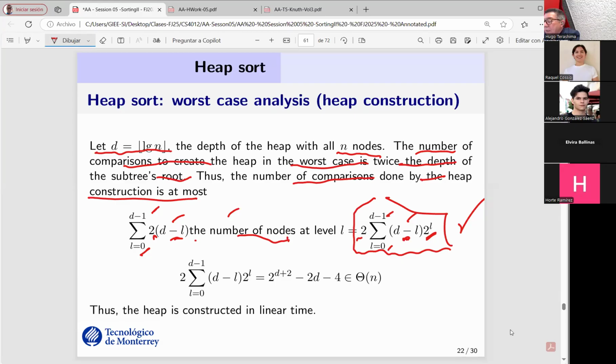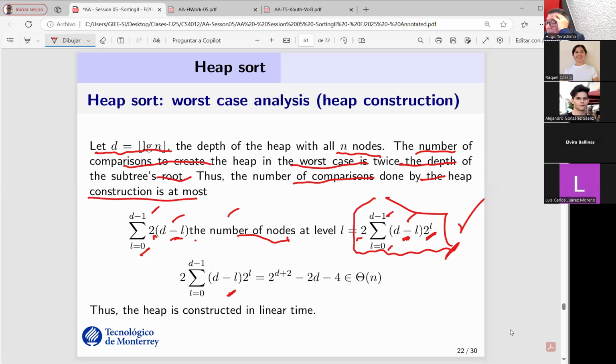And 2 is because you do two comparisons to arrange the elements. Now, if we solve this equation, it is something like this.